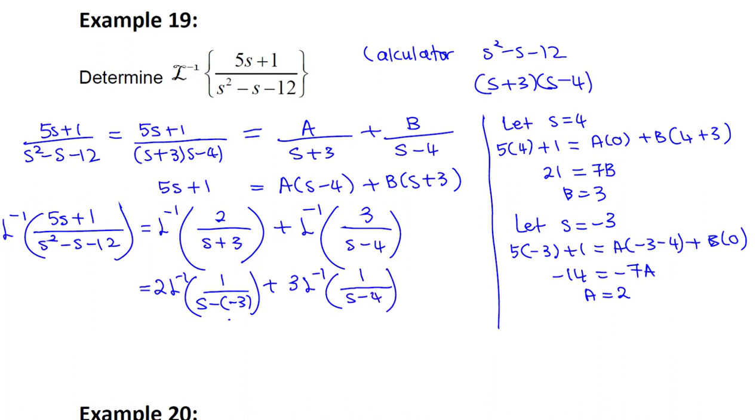For this one, a1 is equal to negative 3. For this one, a2 is 4. So your answer should be 2e to the negative 3t, plus 3e to the 4t.